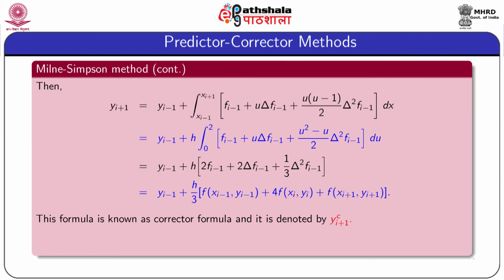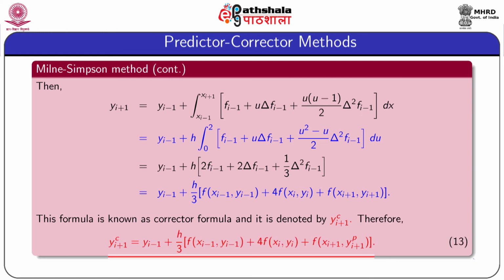This formula is known as the corrector formula, and it is denoted by y_{i+1}^c. Thus, y_{i+1}^c equal to y_{i-1} plus h/3 into [f(x_{i-1}, y_{i-1}) plus 4 f(x_i, y_i) plus f(x_{i+1}, y_{i+1}^p)], where y_{i+1}^p is the value obtained by the predictor formula.